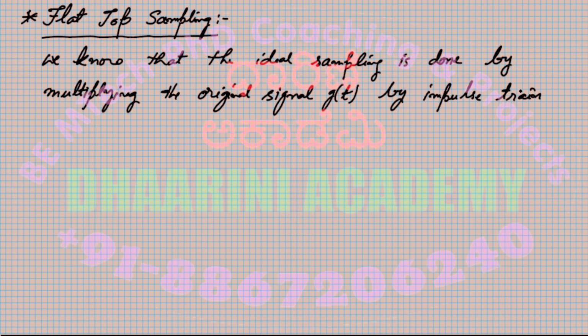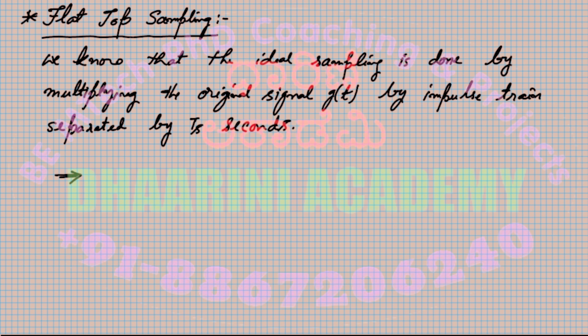What are the characteristics of an impulse train? The impulses are separated by a specific period denoted by capital Ts, the sampling duration, Ts seconds. So let us try to denote that mathematically.